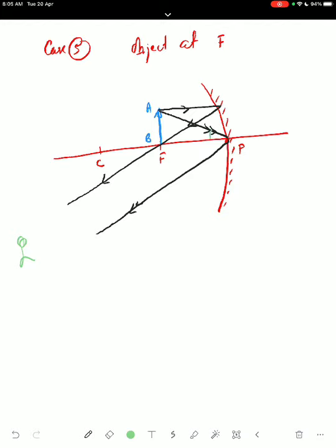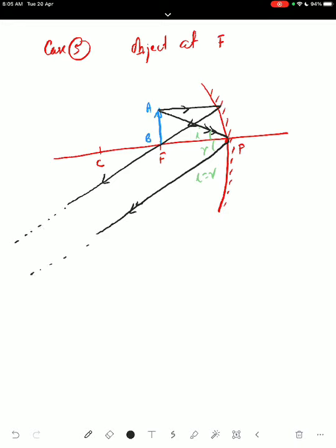When we extend the rays, they will go like this. This is the way we extend.